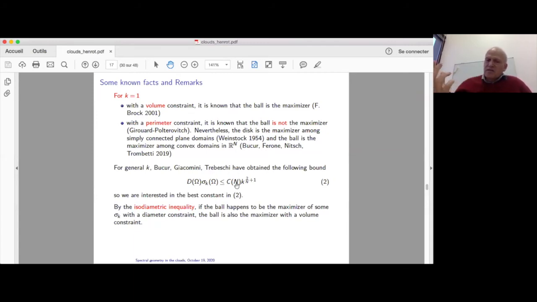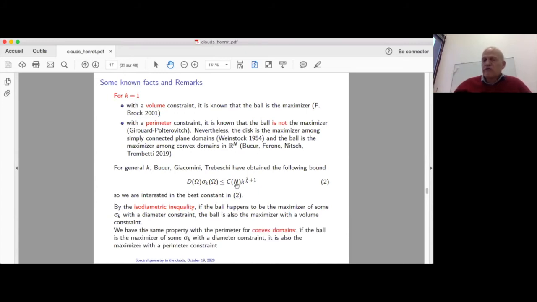So in some sense, for me, the diameter constraint is stronger than the volume constraint, or even than the perimeter constraint, because it is also true for the perimeter constraint, at least in the class of convex domains. If the ball maximizes sigma k with a diameter constraint, it will also maximize sigma k with a perimeter constraint.